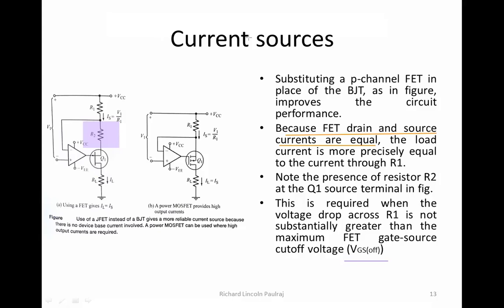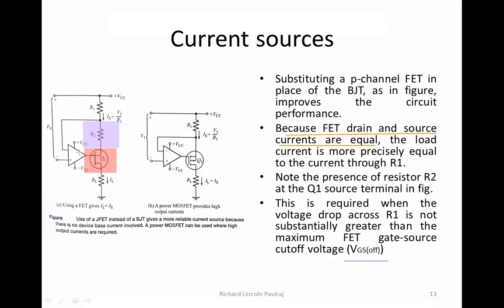Now here you can understand that this transistor has three terminals. We have the gate, the source, and the drain.